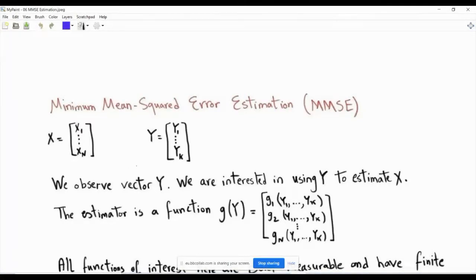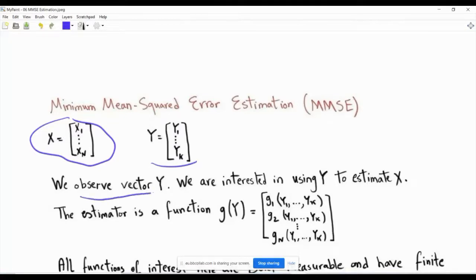Now, if this is making you unhappy, just imagine that x is a random variable x1 and y is y1, and ignore the rest till you basically swallow the argument. Or you can just take the general case first. Okay, so we have now a random vector x composed of n random variables from x1 to xn. And we have another random vector y composed of the random variables from y1 to yk.